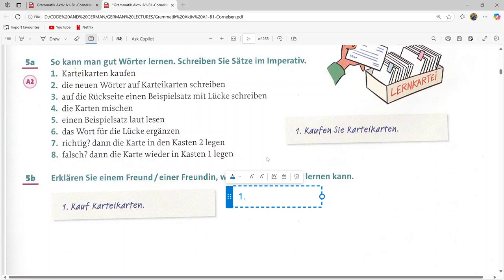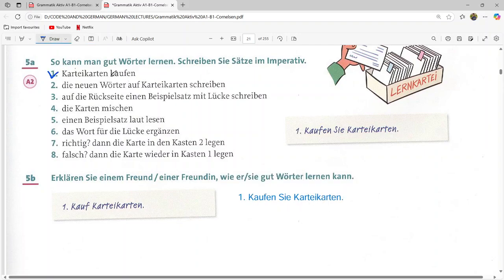We have to write in the imperative form using Sie. The verb is kaufen, so it will be Kaufen Sie, and then Karten. Done. So this verb I have written in the imperative form.